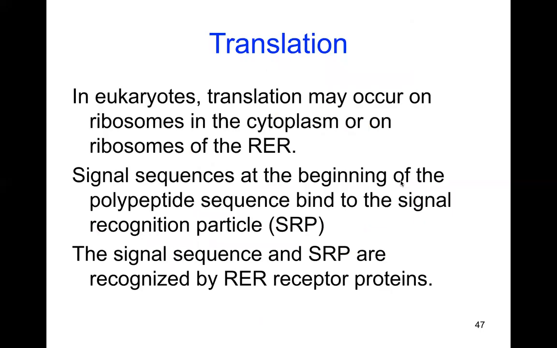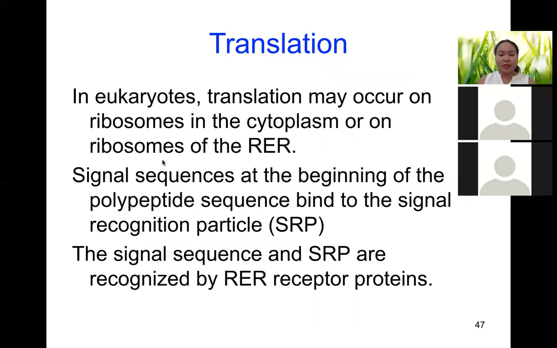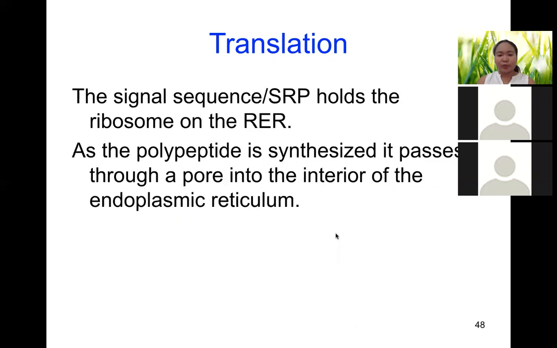And in eukaryotes, the translation also occurs in the cytoplasm or on the ribosomes of the RER. Signal sequences begin the polypeptide sequence and bind to the SRP, and then this is recognized by the RER receptor proteins.